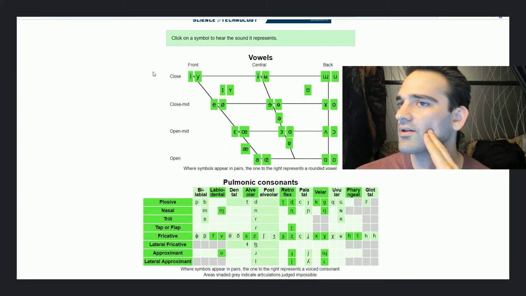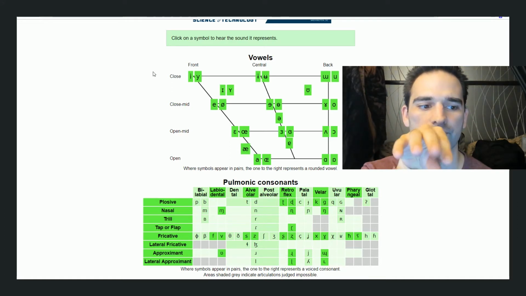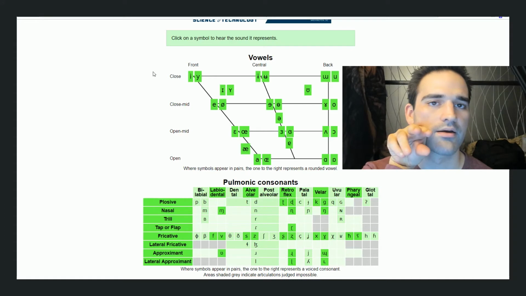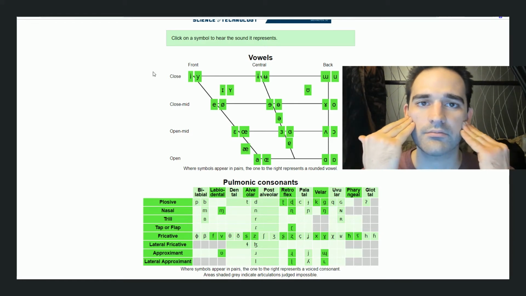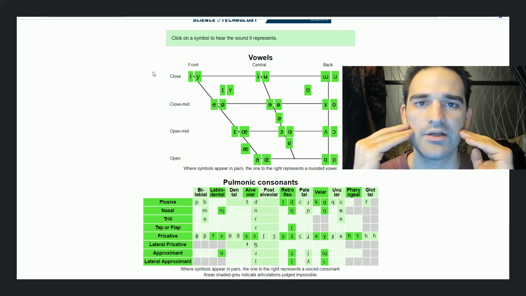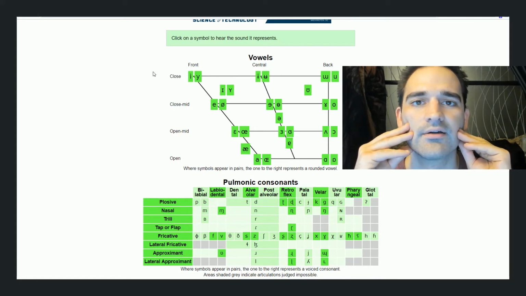So with lick, the tongue seems to stay a little bit more in the middle of the back. Whereas leak, eek, you kind of flatten the tongue more. Try to feel the difference in your own tongue when you say lick versus leak.